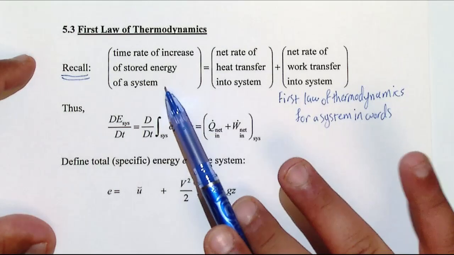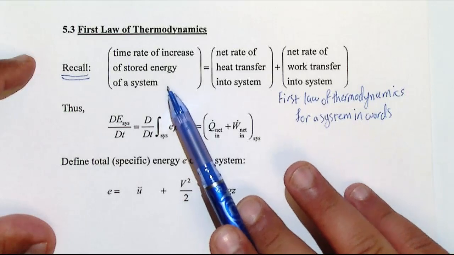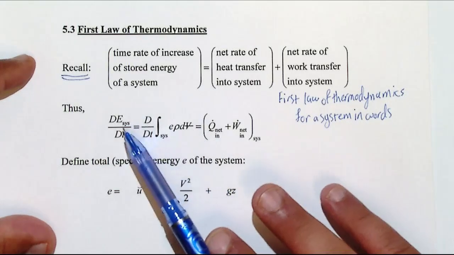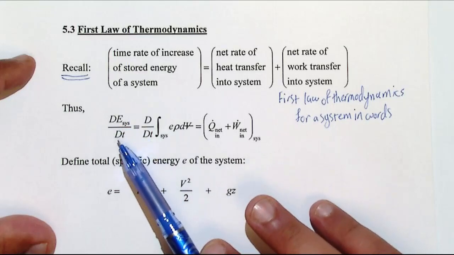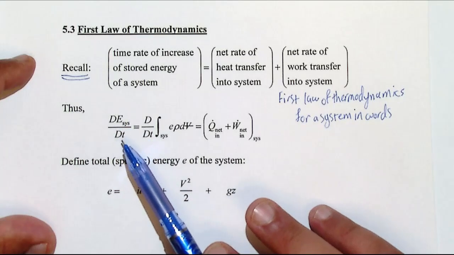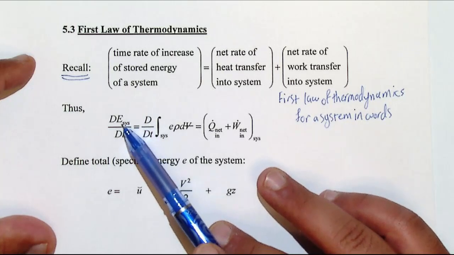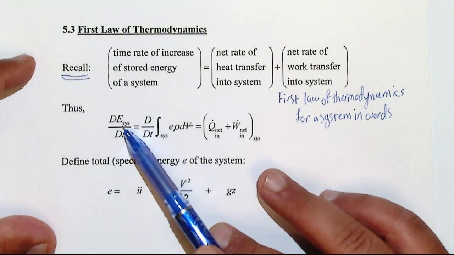From the conservation of mass, energy, and conservation of momentum, you will remember that capital D means the total derivative of energy in a system, and capital E means the total energy.